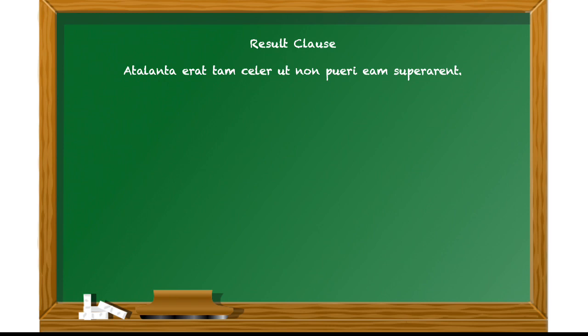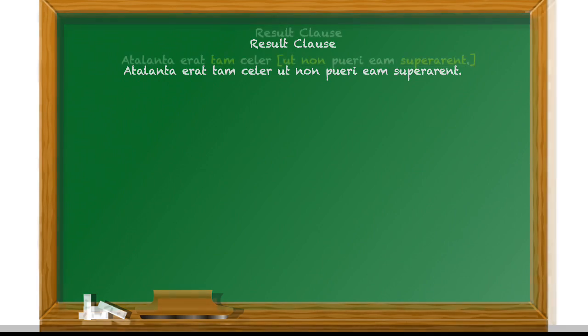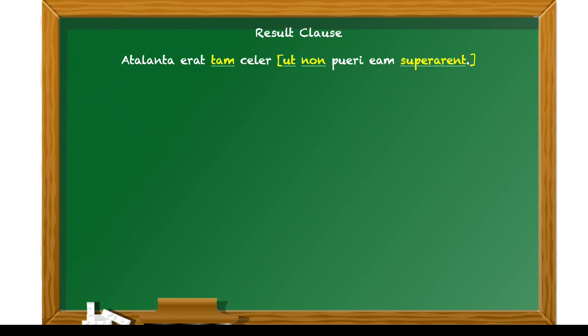Underline the signal word, put brackets around the result clause, underline the subjunctive verb, and this time go ahead and underline the ut non as well. And you should have underlined tam as the signal word again, and this time superarent as the imperfect subjunctive. Of course, putting brackets around the ut and then after superarent.